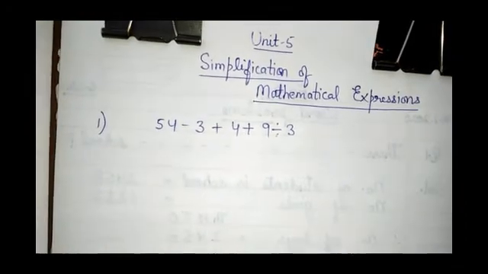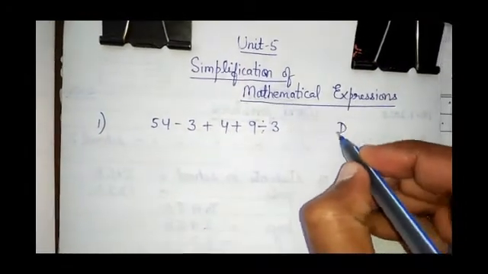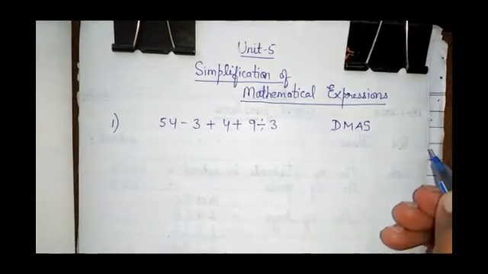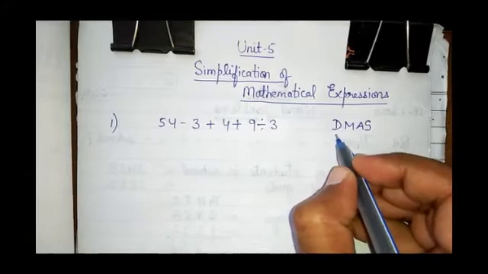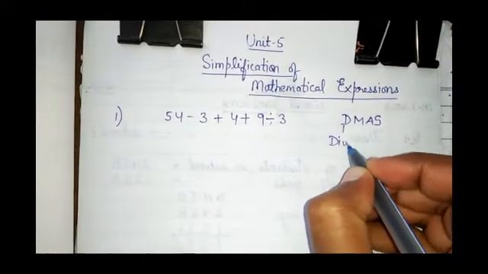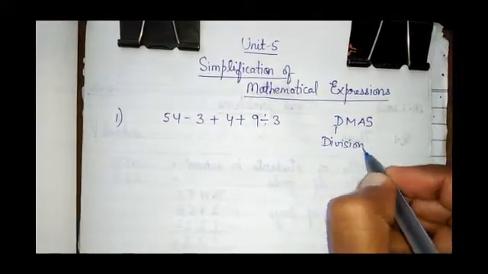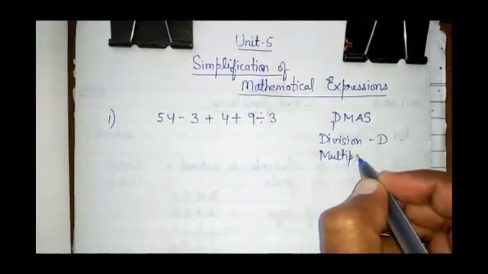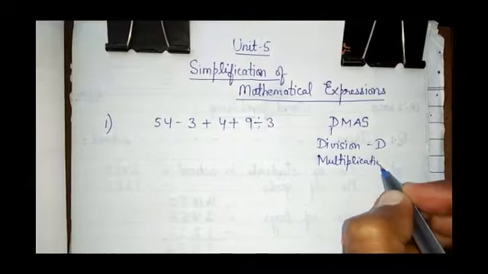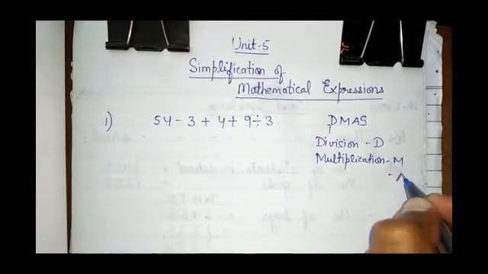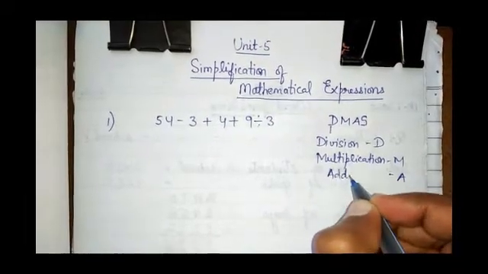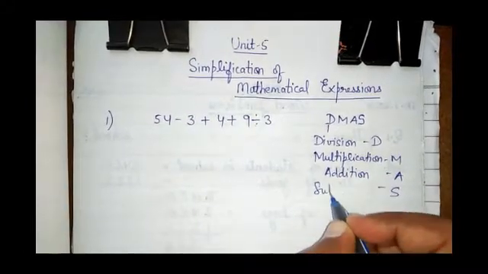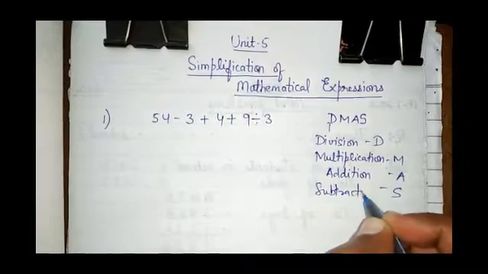Okay. That is DMAS. Now here DMAS stands for division, M stands for multiplication, A stands for addition and S stands for subtraction.